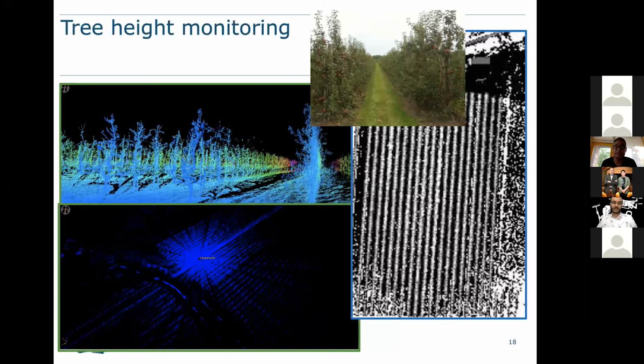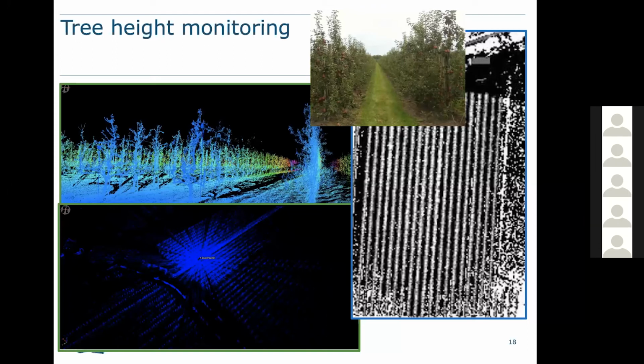We have tested in this application the difference between a point cloud derived from the UAV imagery and one from a terrestrial laser scanner. We compared them and actually got a very nice correlation, which means that the UAV can be used to obtain the elevation, the height of the trees in a wide orchard.